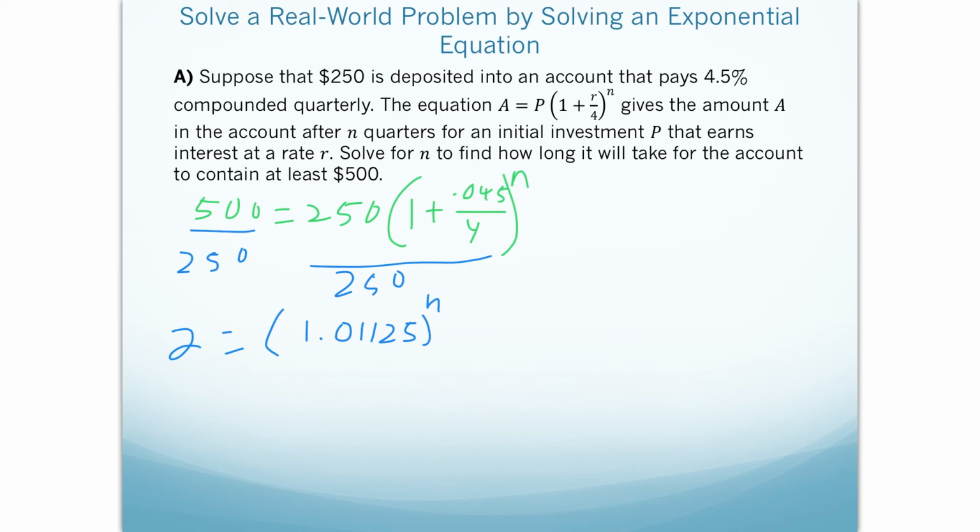I'm going to use the natural log here. So ln of 2 equals, I can move the variable out front now. So now I divide both sides by the ln of 1.01125.